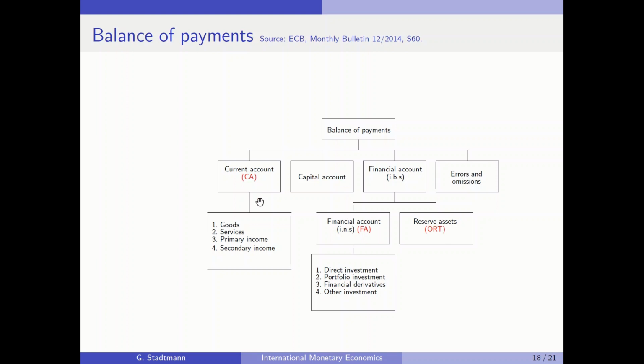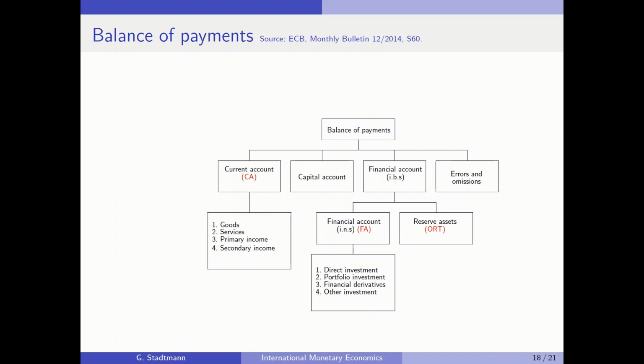The current account is subdivided into a goods account, an account for services, an account for primary income, and an account for secondary income. So when the economy is exporting or importing goods, then of course the first sub-account of the current account will be addressed.